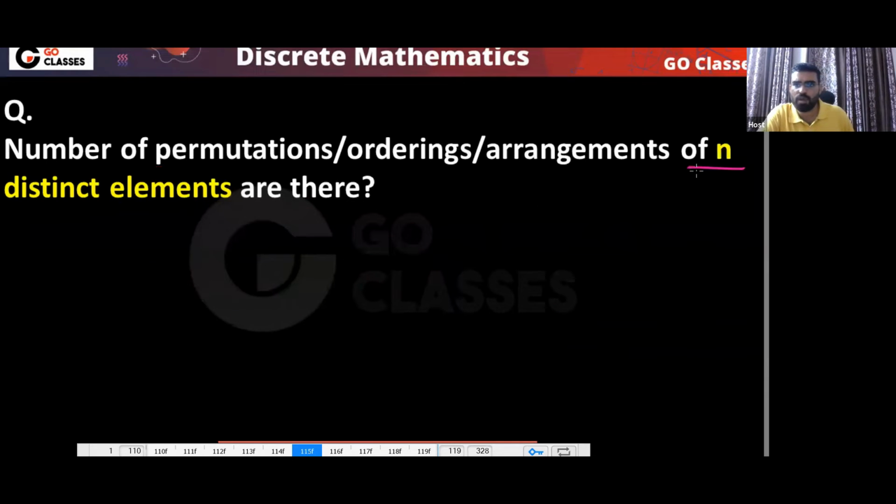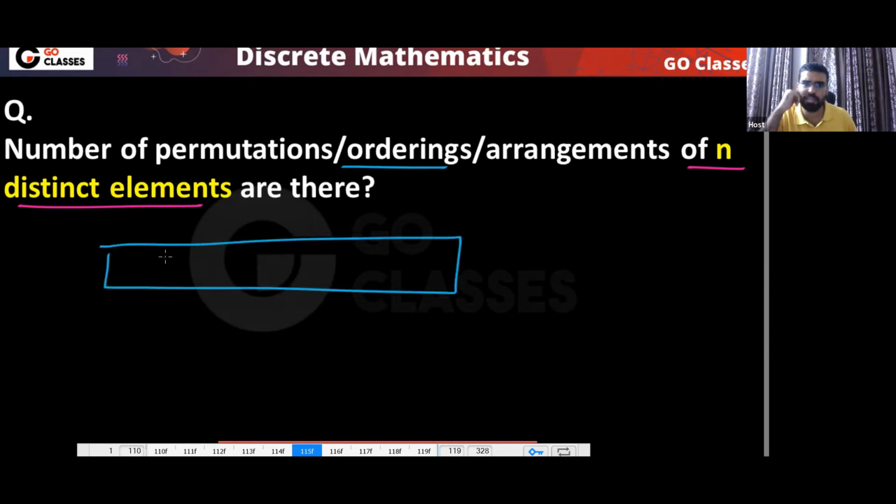What about this? If you have n distinct elements, how many orderings of n distinct elements? You want to put n people in a line in an order.